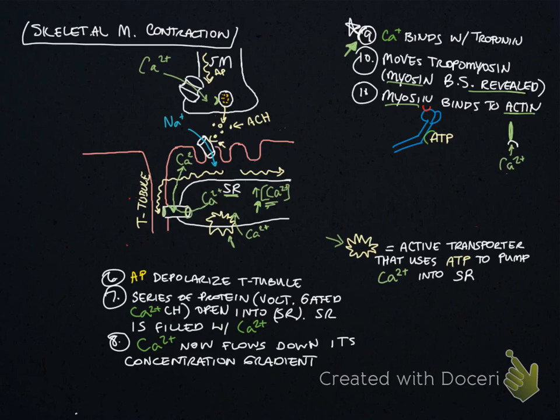Then this, that was held within this site, because remember this is in the cocked position, this right here gets kicked off, and this whole thing moves, or in other words, it's bent again. So we get contraction.